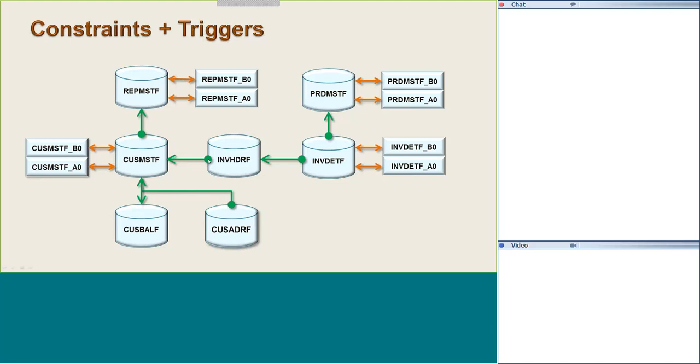So it's 1 to many here, 1 to 1 here, 1 to many addresses here, and so on and so forth. These relationships that are built into the database create the first level of integrity checking in the database. You are checking that a record exists in the customer master file before you can create an invoice header. And an invoice header has to exist before you can actually create details for that invoice, etc.